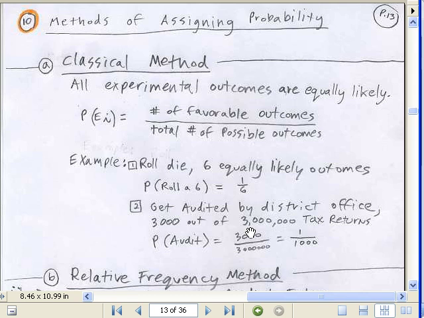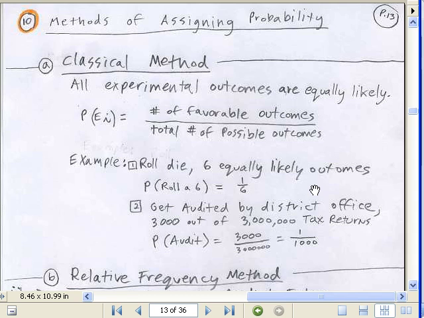Next page, methods of assigning probabilities. 1, 2, 3. Classical method. This means all experimental outcomes are equally likely. Flipping a coin, rolling a die. So, for rolling a die, there's 6 equally likely outcomes.